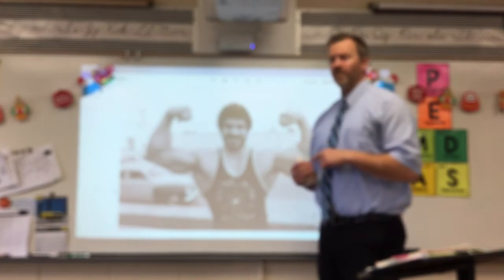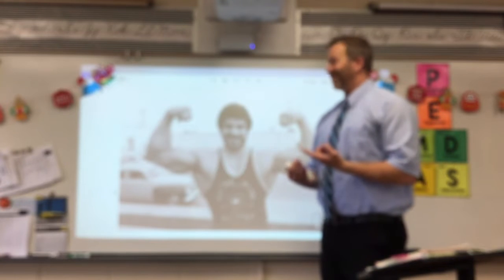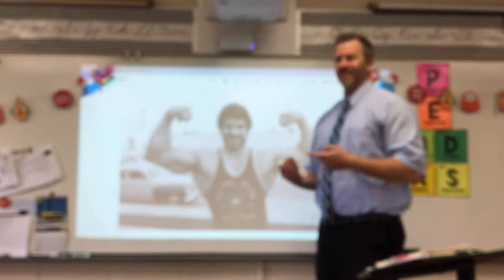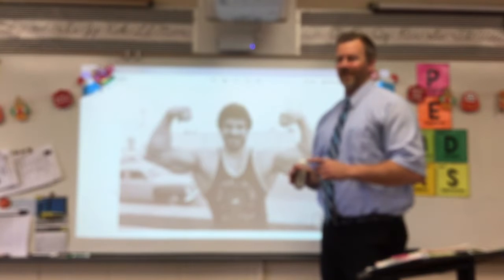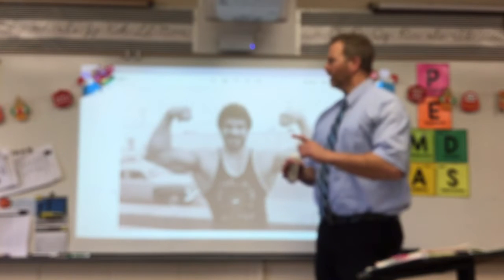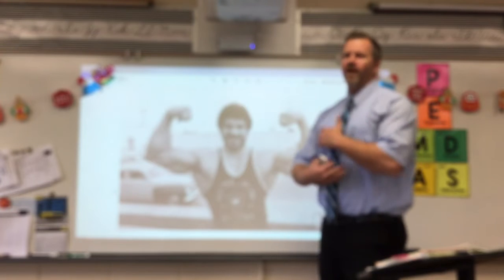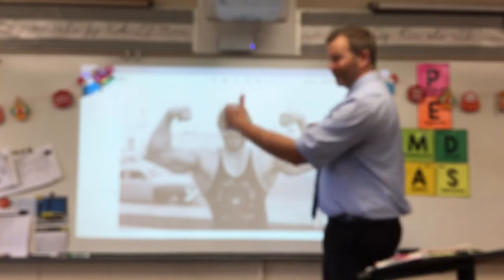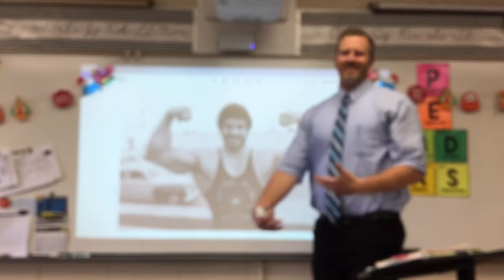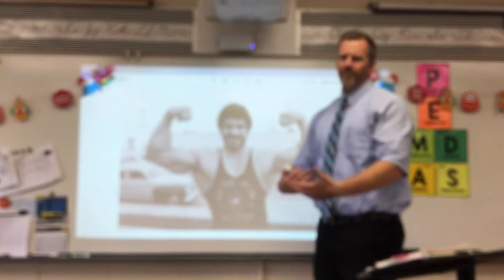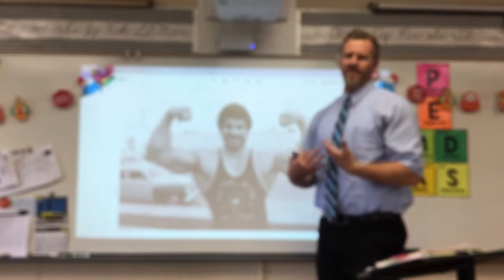But at this point, we weighed the same. So he's like 275 pounds. I'm right in that range too, maybe a little heavier. We're like the same weight, but obviously, by looking at the picture, our mass is different. Our body makeup, what is inside of our bodies, is different.